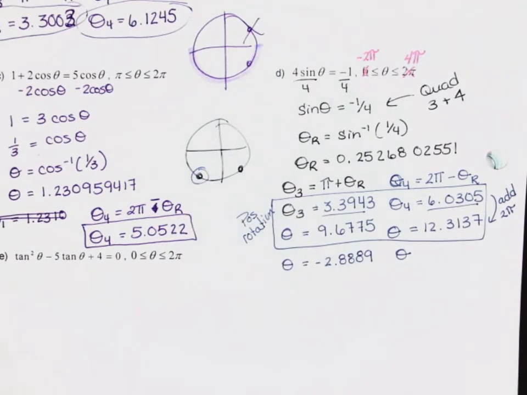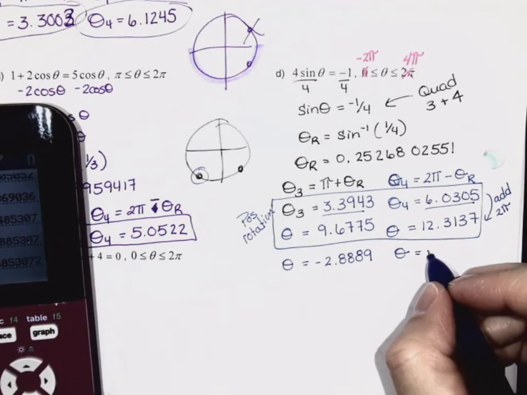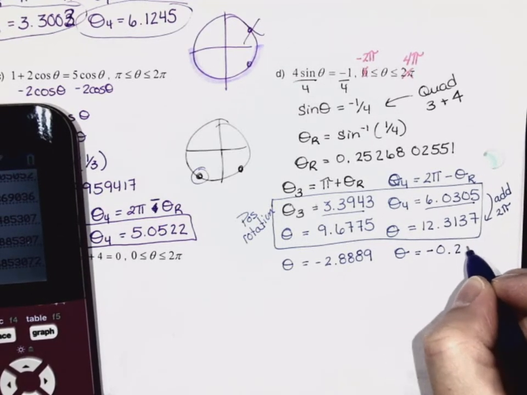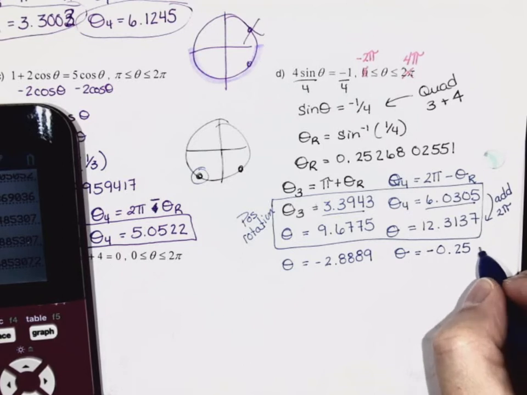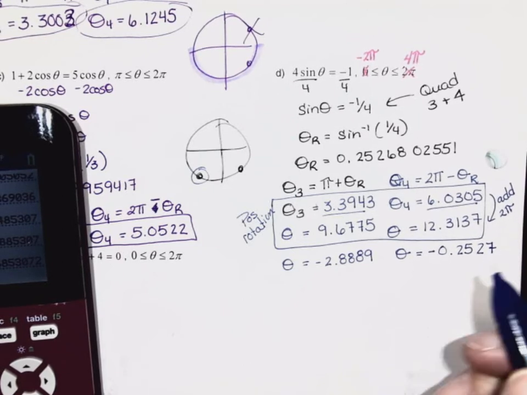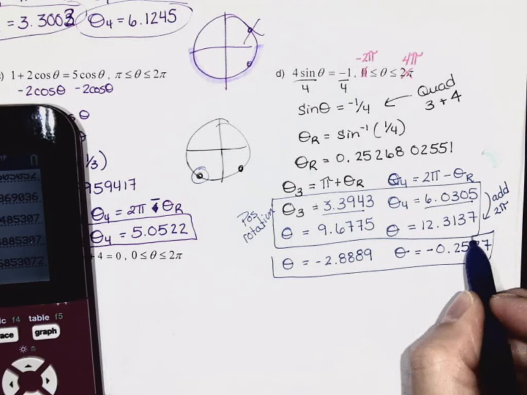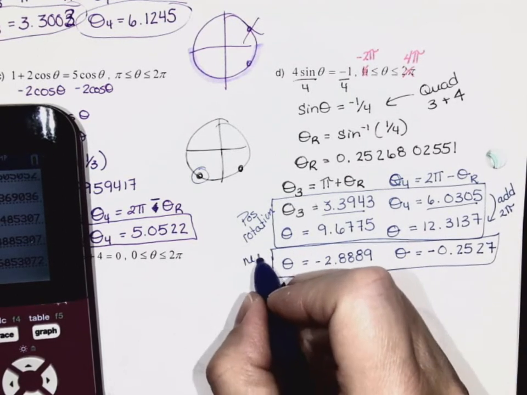And so again, make sure you're going back to that first set, because otherwise you'll have to subtract 2 pi again and again. You don't have time in your life for that. 6.0305 minus 2 pi. Hey, look at this one. So those are your answers for your negative rotation.